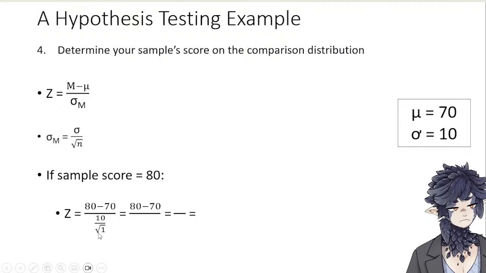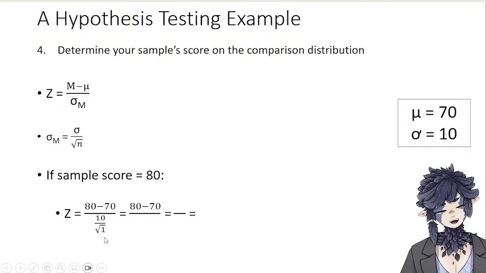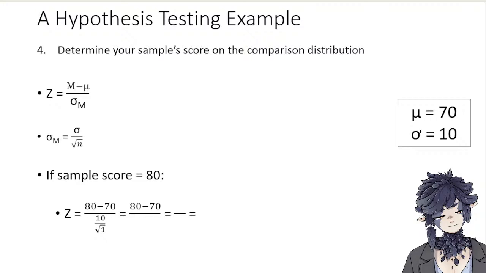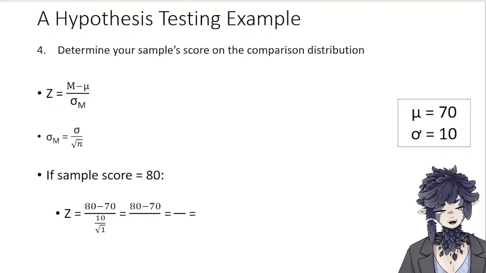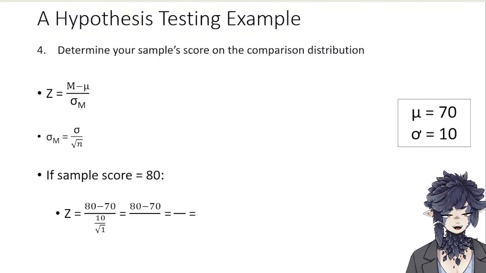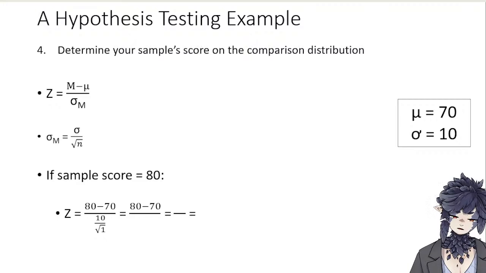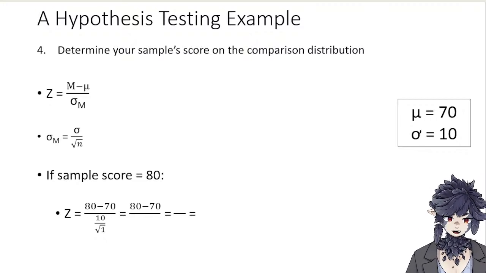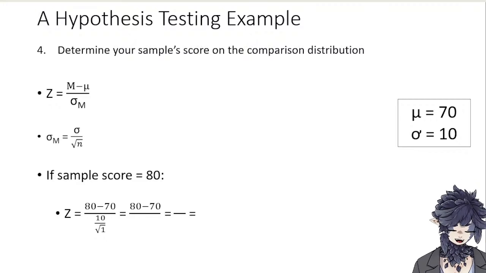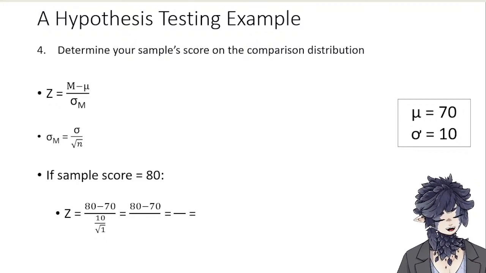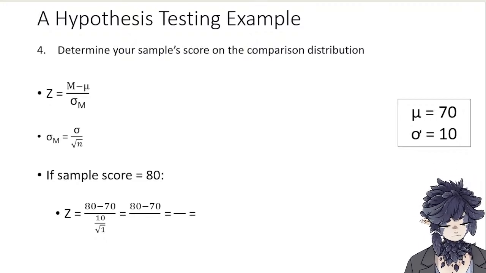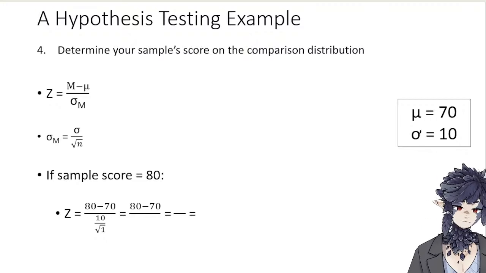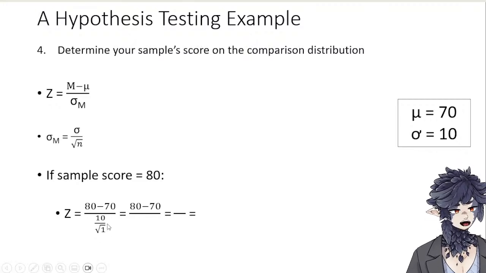Break it down a bit. What's the square root of 1? Is everybody like, man, I don't want to do math right now? People are fleeing the stream, and I don't blame them. They're like, I didn't sign up for this. I need an adult. So the square root of 1 is 1. 1 squared is 1, so the square root of 1 is also 1. 10 divided by 1?